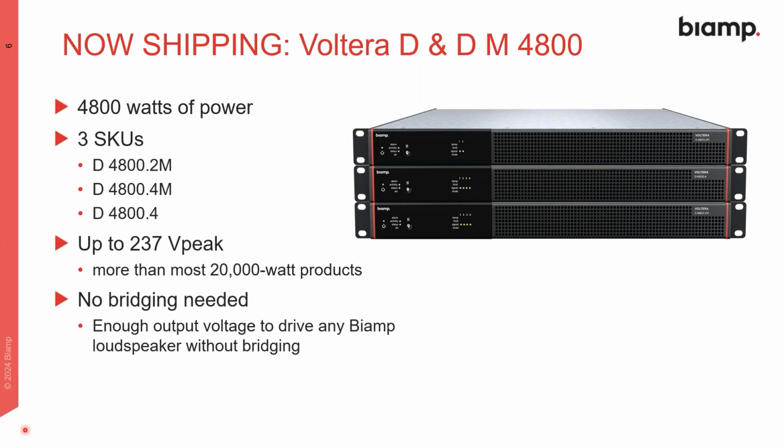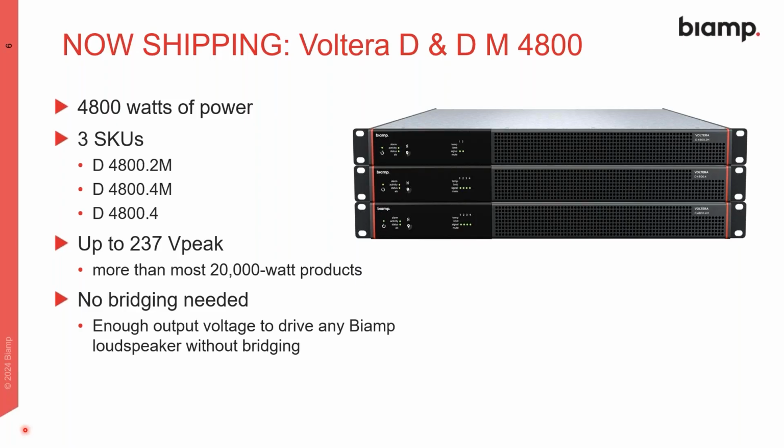Now shipping is our Voltera D and DM 4800 series. So 4800 watts of chassis power. There's three different SKUs, two of them in the M family and one of them in the D family. And if you're a fan of Community's ALC 1604D for your higher power needs, this is the model to look at now and going forward for these applications.